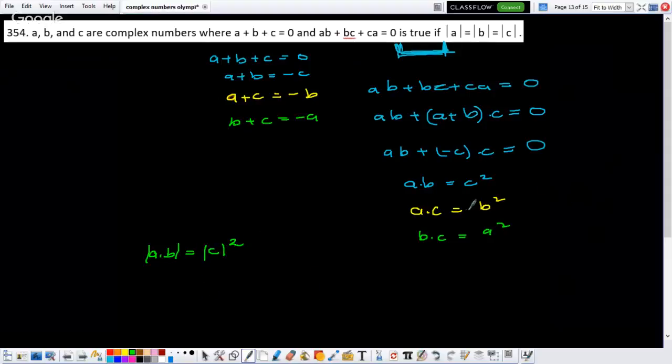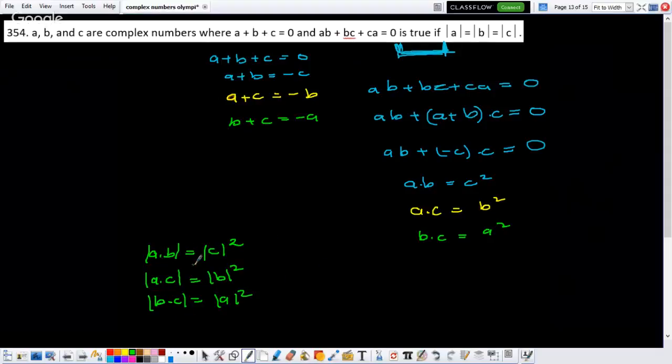C times C, it's going to be the modulus of C times the modulus of C. Then it's the same also for A times C, which is equal to the modulus of B squared, or the last one, B times C is equal to the modulus of A squared.